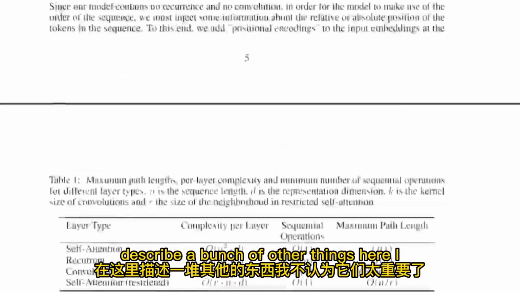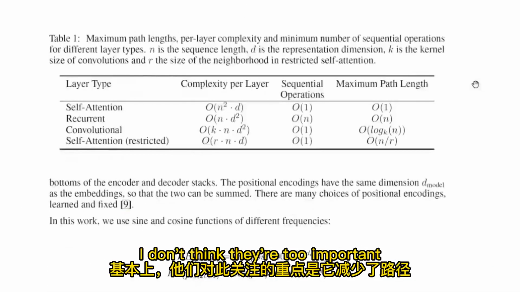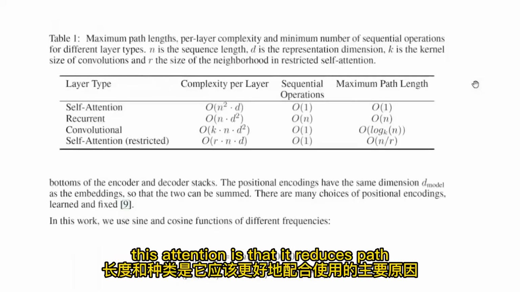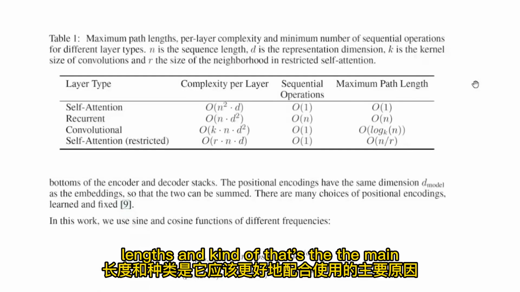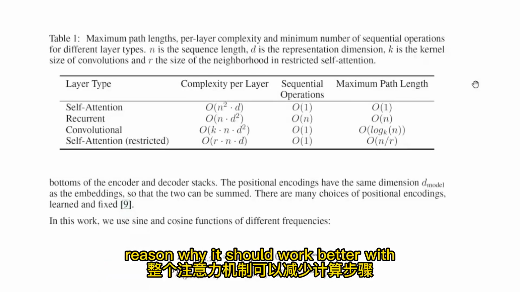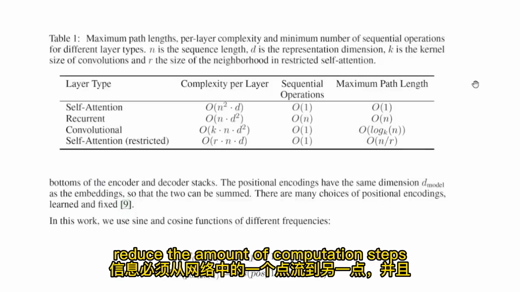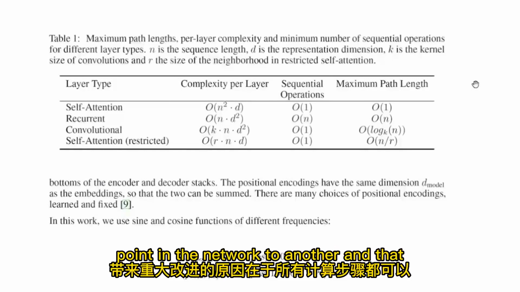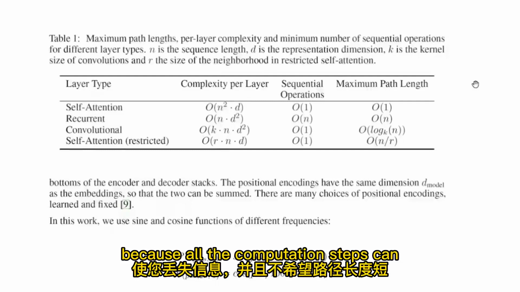So they describe a bunch of other things here. I don't think they're too important. Basically, the point that they make about this attention is that it reduces path lengths, and that's the main reason why it should work better. With this entire attention mechanism, you reduce the number of computation steps that information has to flow from one point in the network to another, and that's what brings the major improvement, because all the computation steps can make you lose information, and you don't want that.